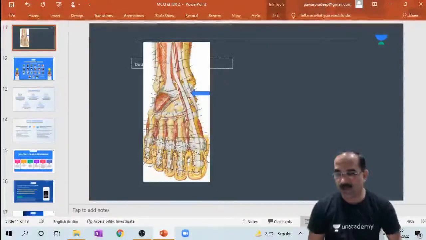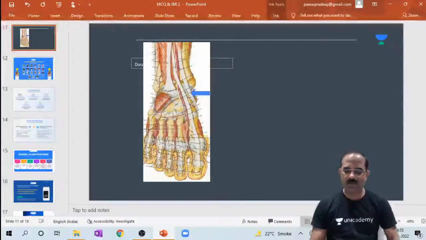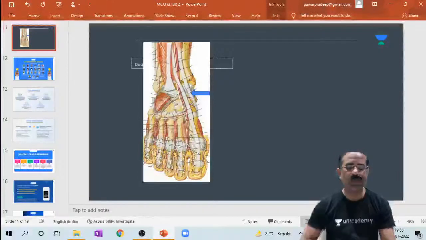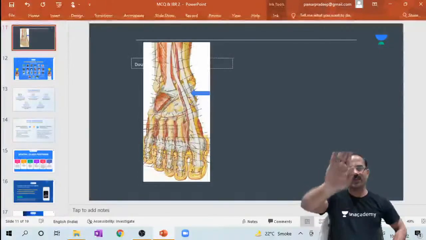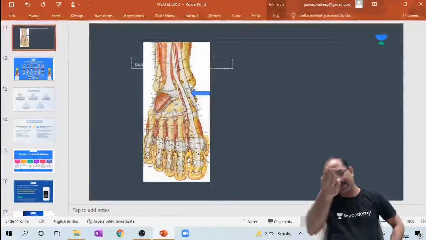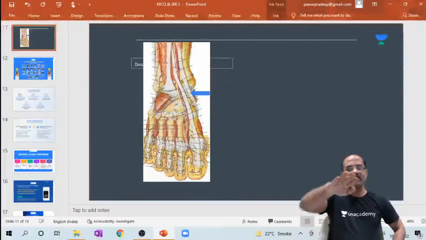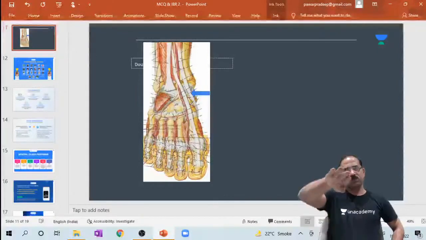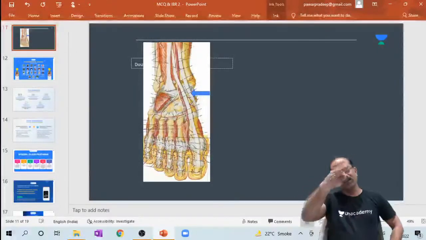And what is the action of tibialis anterior? If you can answer this. Muscle of the anterior compartment, that's tibialis anterior. Its main action is dorsiflexion at the ankle joint. The second action is this. What is this for the foot? It turns the foot inwards.